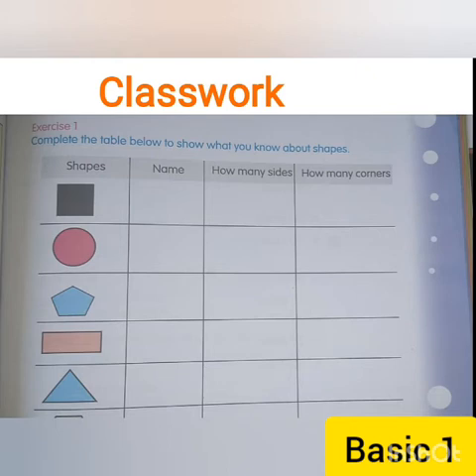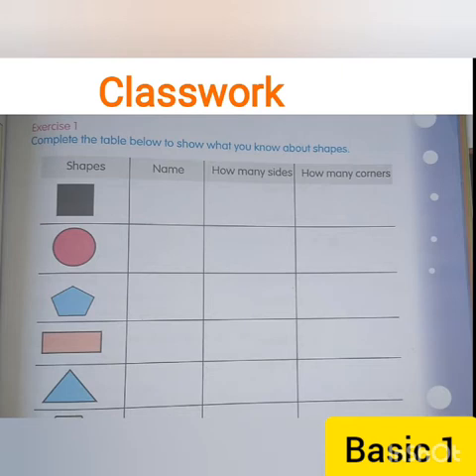The first shape is a black square. So, we write here square. The space might not be enough, so we'll use symbols to indicate the name of the square.